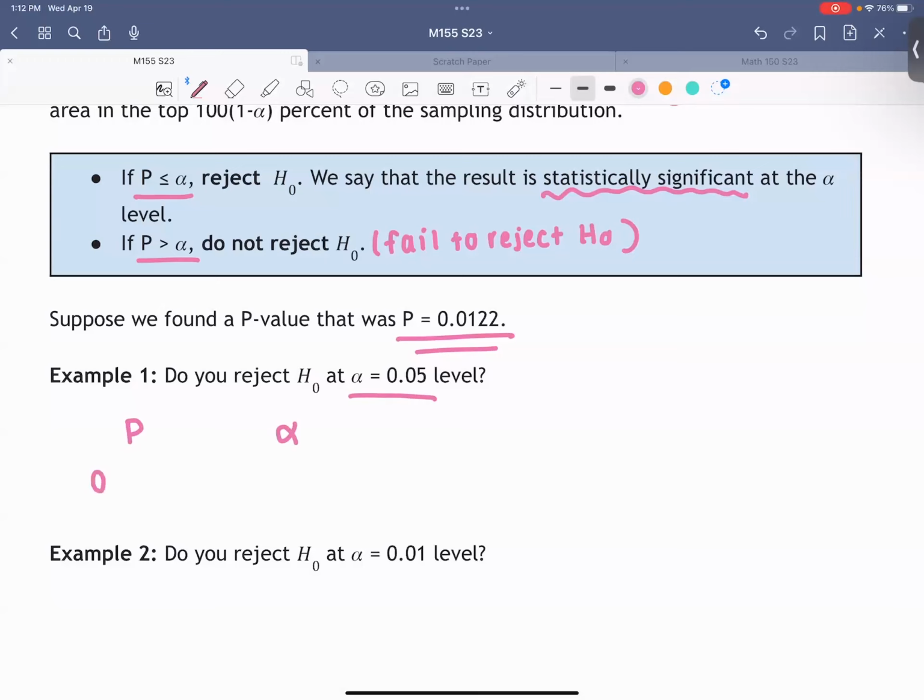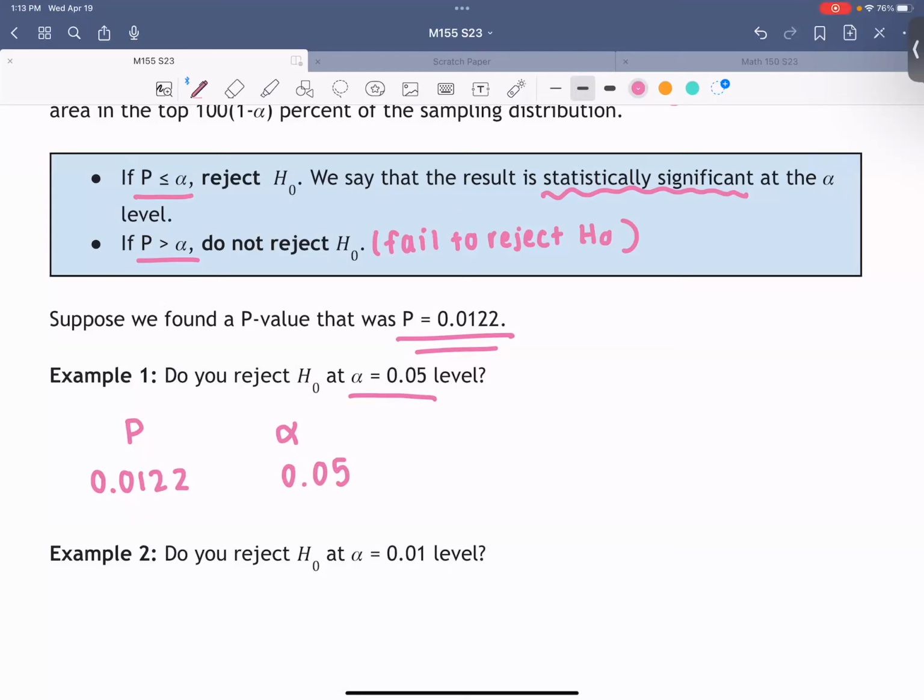So p is 0.0122, alpha is 0.05, and the only way I can figure out which one is smaller or bigger is if I write them side by side. If you ever get confused by that, just try writing them side by side. I don't know, my brain just doesn't work.